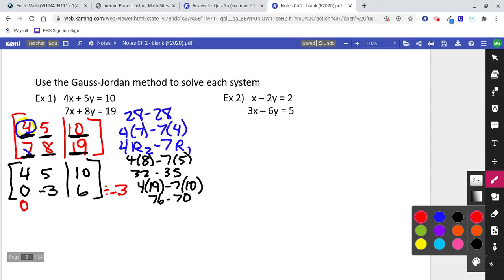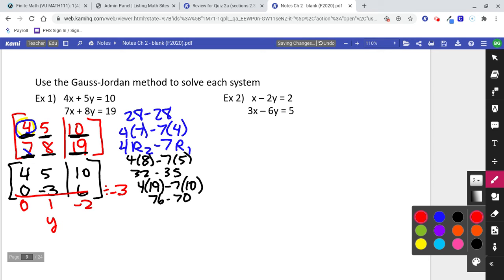You would get 0, and 1 and negative 2. Think about what that row means as an equation. What does 0, 1, negative 2 mean as an equation? Well, that just means y equals negative 2, right? That shows you your solution. That shows you that part of the solution.